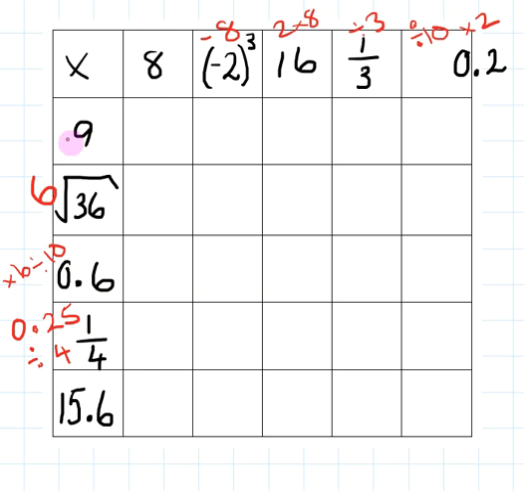So 8 times 9 is 72. So this would be negative 72. And this would be 144. And divide by 3 would be 3. A third of 9? 3.